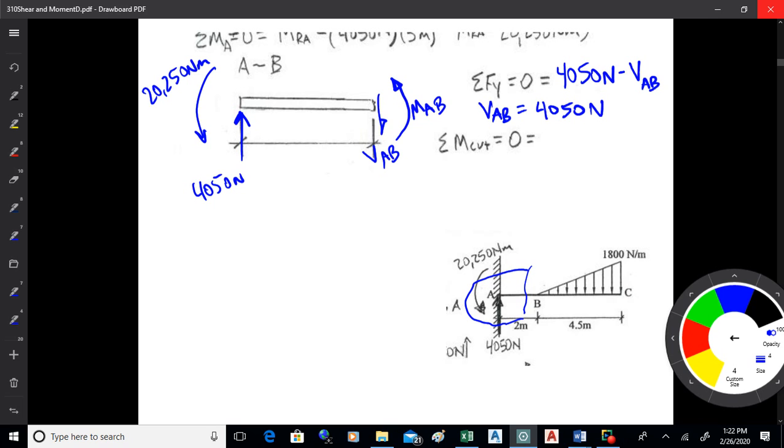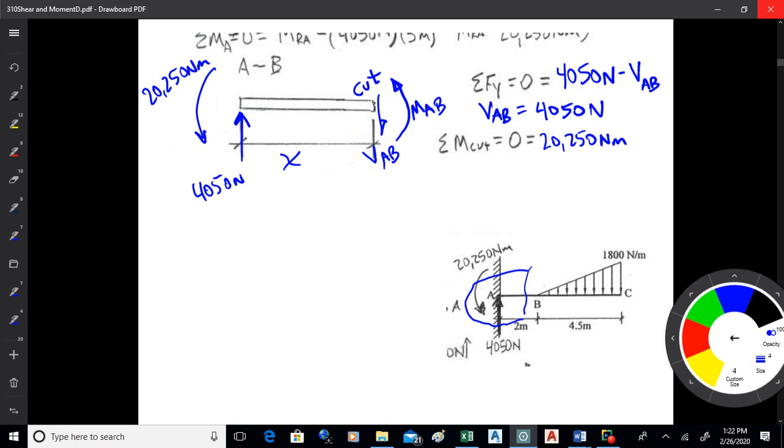Now, the cut is right here. That's where I've cut the beam. I call the distance from the left-hand side x. If I want to write up an equilibrium equation for the moments, I've got a couple of 2,250 newton meters. It's counterclockwise, so it's positive.